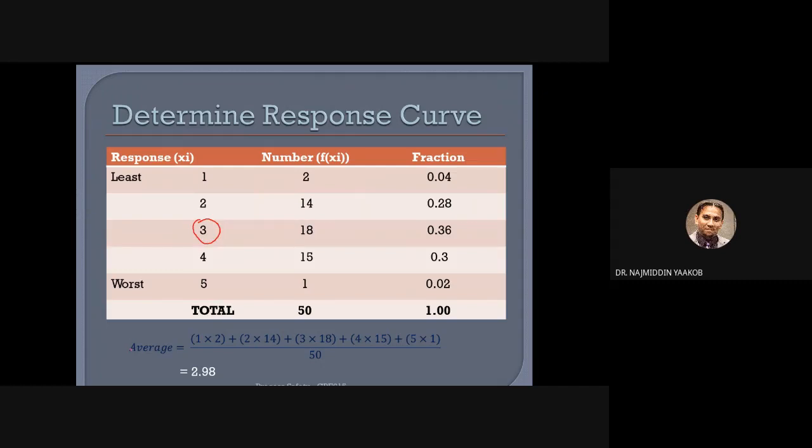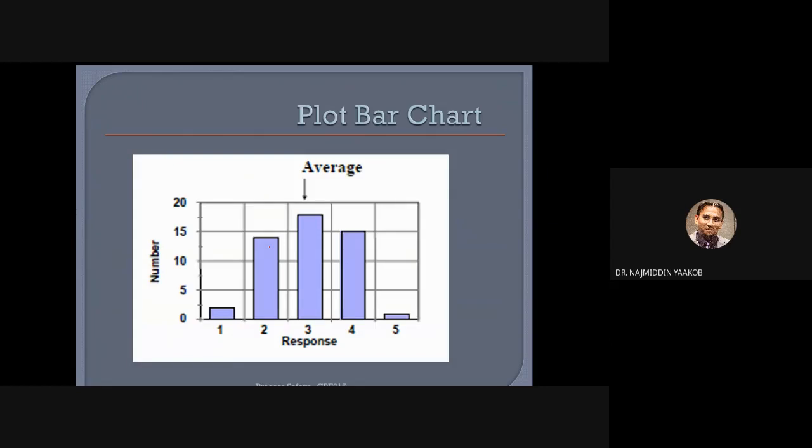So from that, we can see an average of 2.98 response. So out of 50, the average response is at number 3. This is how we determine the response curve. Then we tabulate responses 1, 2, 3, 4, and 5, so we have an average over here.